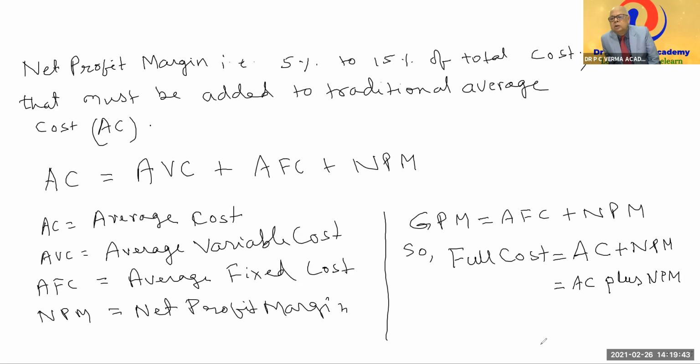Should we change it? Full cost is equal to average cost plus NPM. Correct it. Full cost means average cost plus NPM. Full cost does not imply total cost. So the question should be, is full cost average cost?